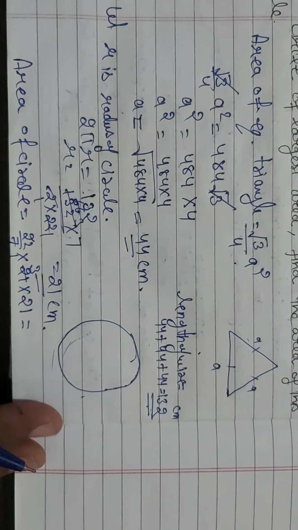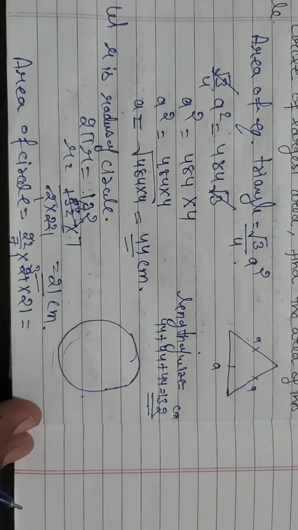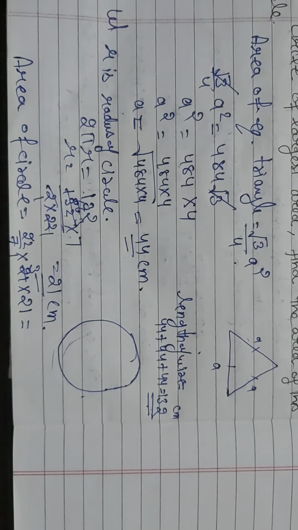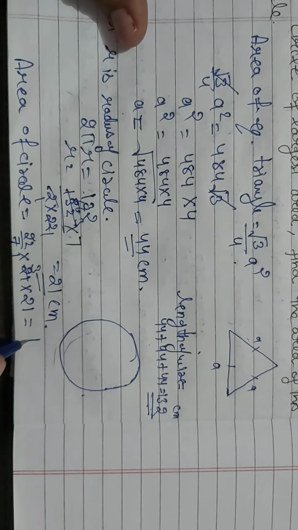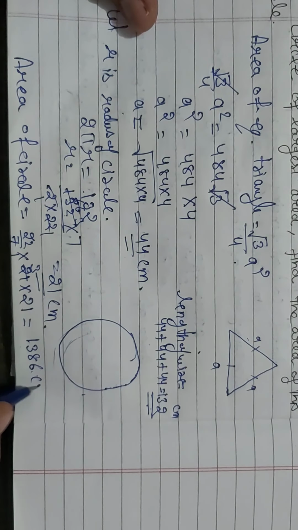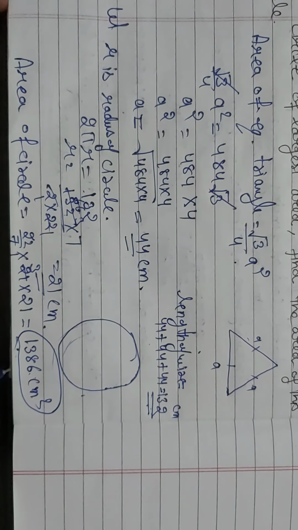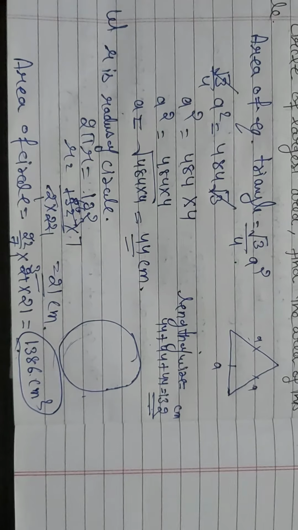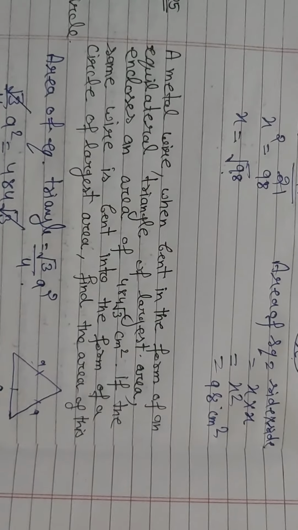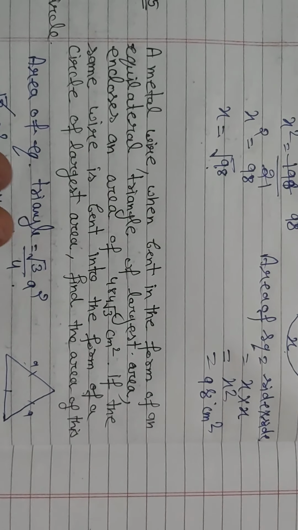Then multiplication of 22 and 63 equals 1386, and this is the area of the circle, in square centimeter. Area of the circle is 1386 square centimeter. Okay student, this is exercise 20C. So with the help of this video you can complete your exercise, and this chapter is complete.